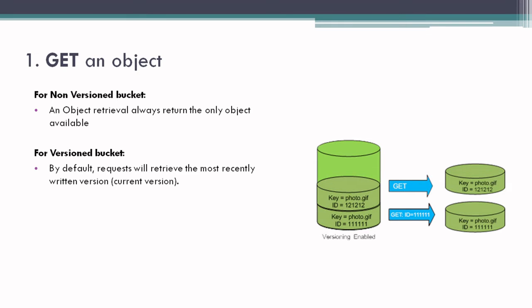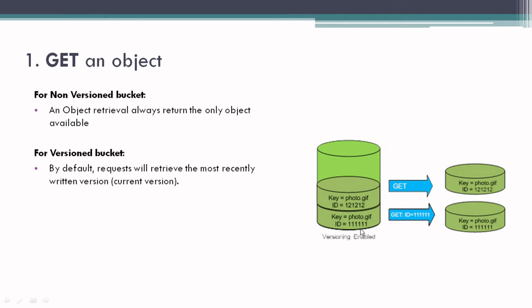For a version bucket, by default, the request will retrieve the most recently written version, that is the current version. In this figure, you can see this is the bucket, it is versioning enabled, and I have one object like photo.gif. This file has two versions.